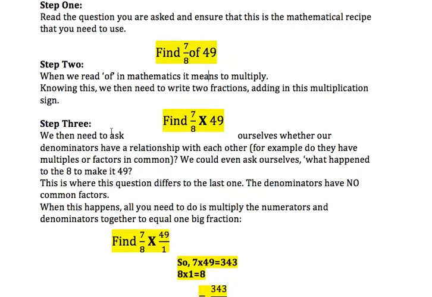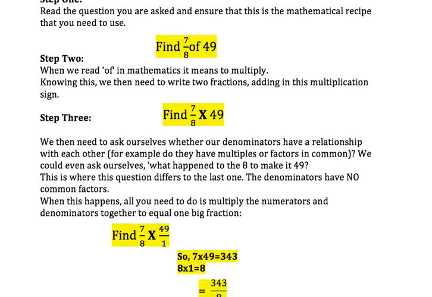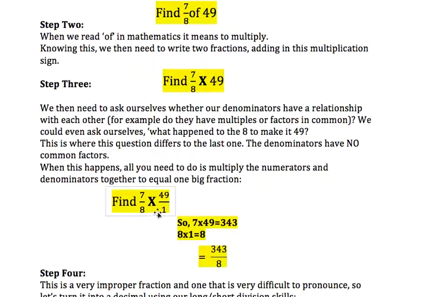Again, we need to turn this "of" sign into a multiplication sign. Then we need to say, there's no common factors in these. What we need to do is turn the quantity into a fraction over here. So we've got 7 over 8, or 7/8, multiplied by 49 over 1.